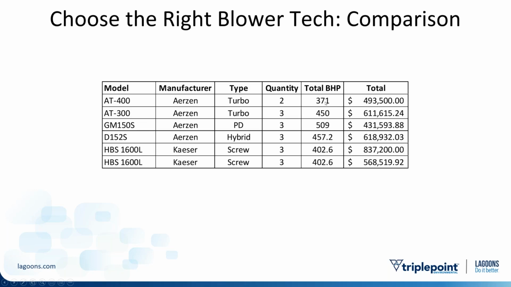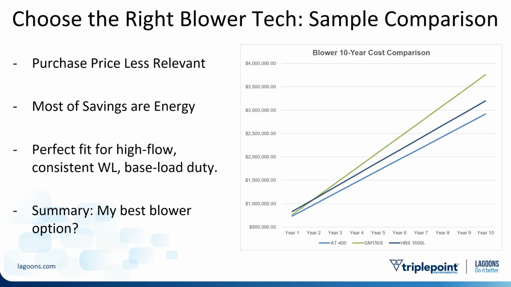The brake horsepower swing, depending on the technology chosen here, is pretty drastic, 371 up to 457. So let's say it's about an 80, 90, even more brake horsepower difference, and the cost of the systems are very different. The costs are not important here. This is a huge plant, tons of air, not representative of most lagoons, but the comparison is representative.